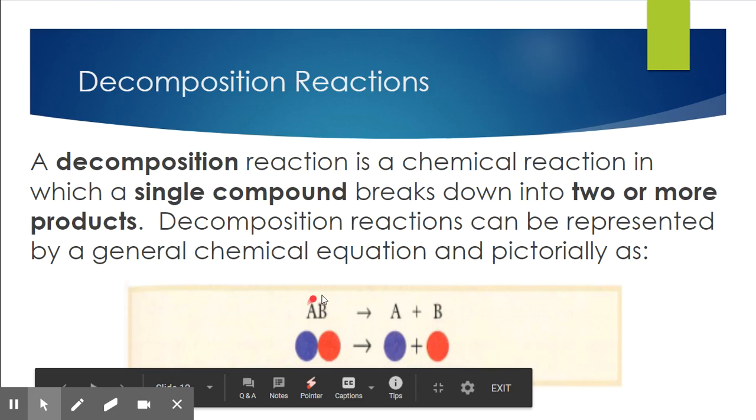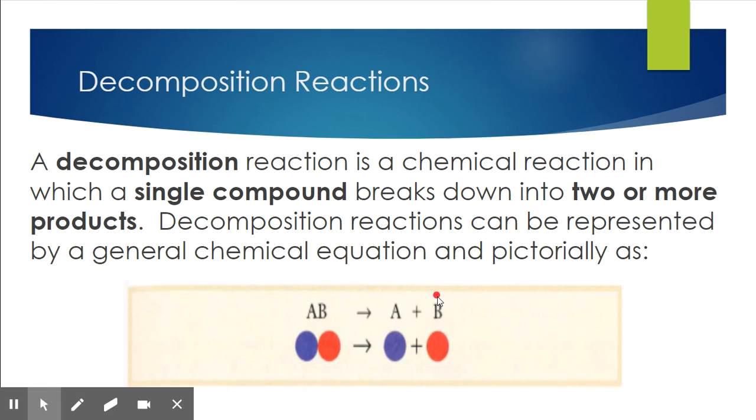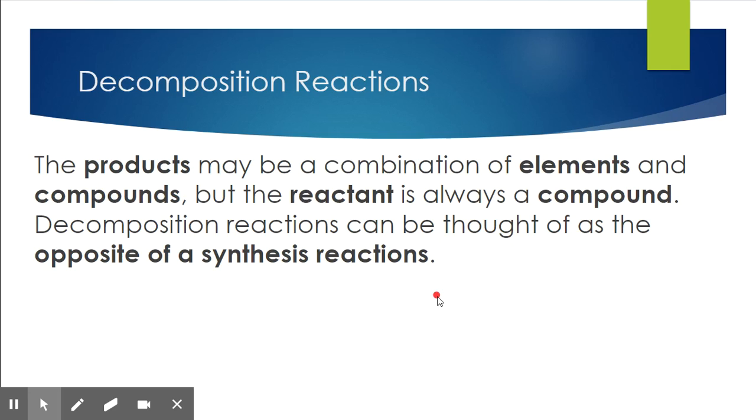We have a compound and it yields two elements. The product may be a combination of elements and compounds, but the reactant is always a compound. Decomposition reactions can be thought of as the opposite of synthesis reactions.